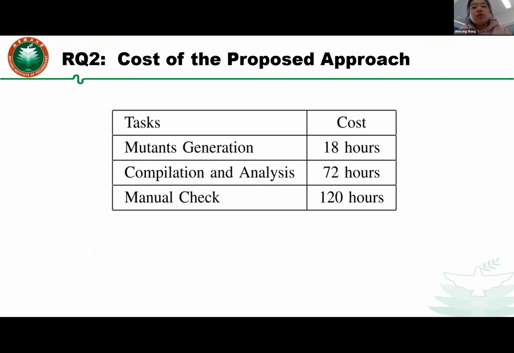The compilation and automatic analysis on the diagnosis is also time consuming. In total, it takes about 72 hours to compile these mutants and analyze the resulting diagnosis. It takes us around 120 hours to check 500 suspicious diagnoses manually and to construct the filters.